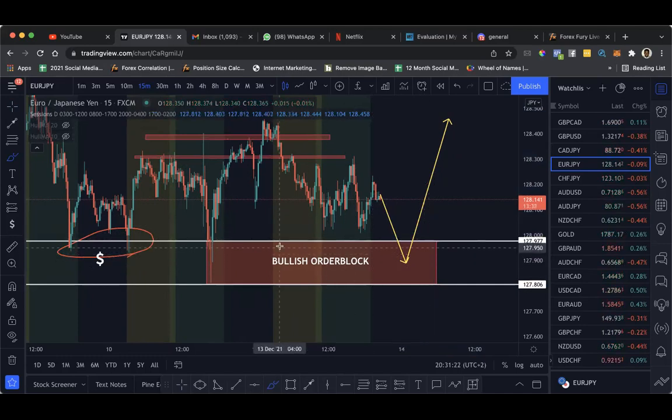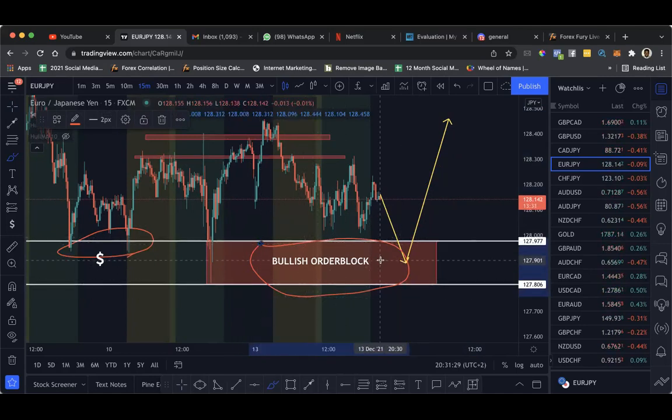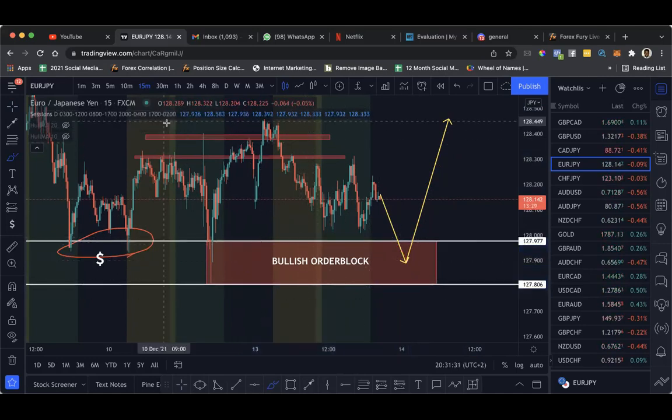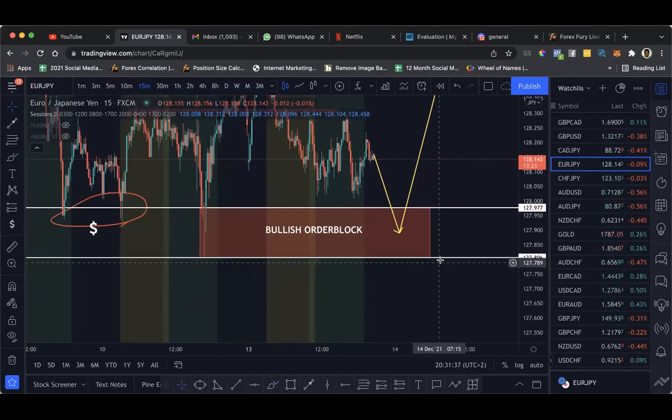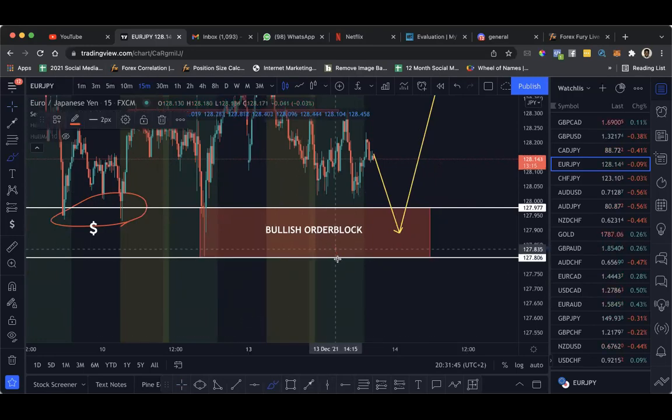But this zone is your entry zone. This is where you enter the trade, right? And then your ideal stop loss is your distal line. This is your distal line, but we know that a lot of times price usually comes a bit beyond the distal line.